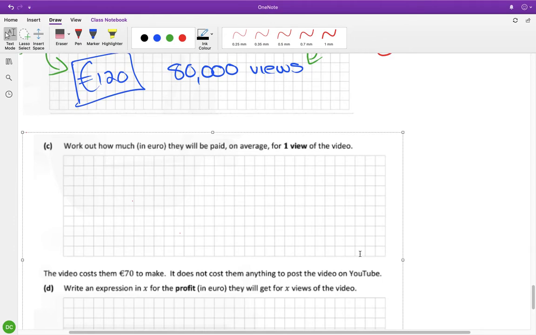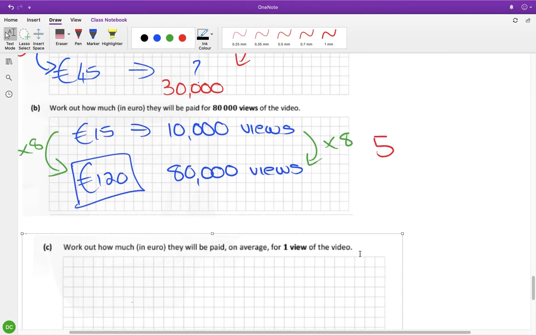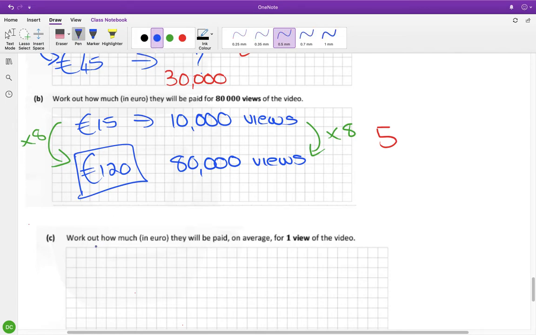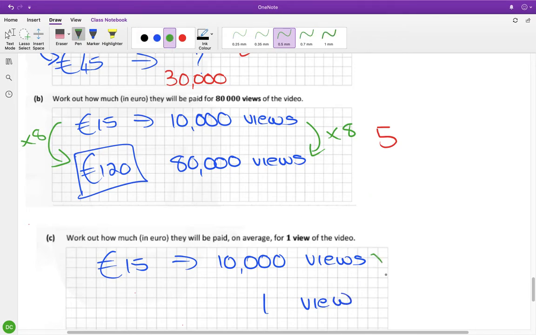Right, so work out how much in euro they will be paid on average for 1 view. Okay, so again, if they're getting €15 for 10,000 views, then for 1 view, again, what's going on here? We're dividing by 10,000, so we'd have to do the same over here. So what's that?